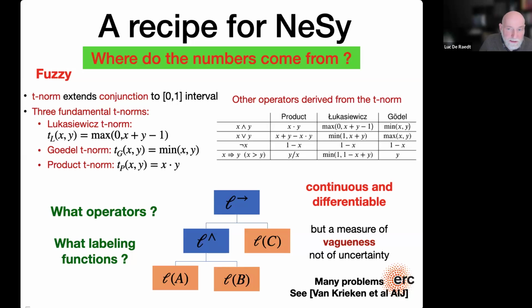There is a problem with this in the sense that for some of these logics, what you would expect to hold in a logic, like if A implies B and B implies C, it's not guaranteed that A also implies C. So that's one of the difficulties, that if you rewrite things, you don't always get the same value. And it's also a little bit of an abuse of fuzzy, because fuzzy is intended as a notion of vagueness.